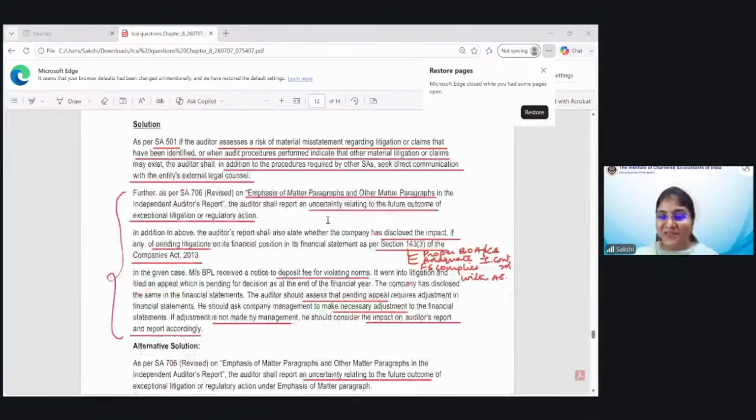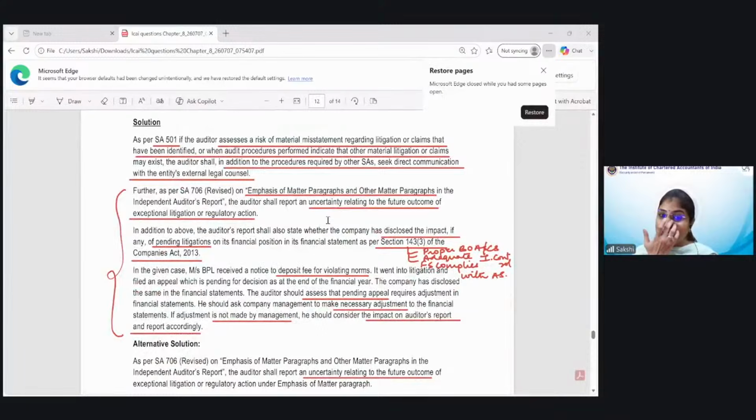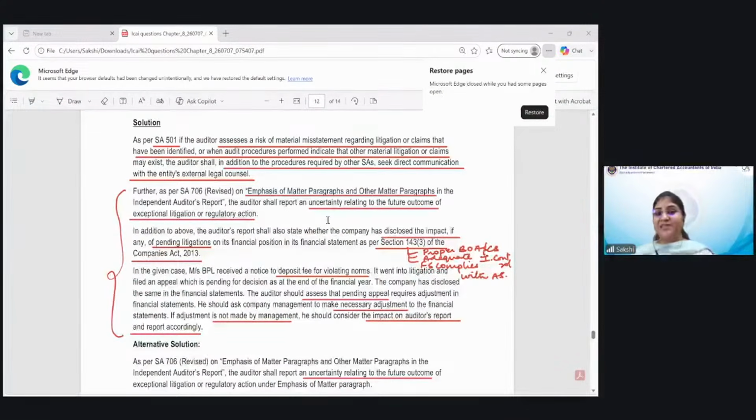As per SA 501, if the auditor assesses a risk of material misstatement regarding litigation or claims that have been identified, or even if audit procedures performed indicate that other material litigation or claims may exist, the auditor shall, in addition to the procedures required by other SAs, seek direct confirmation with the entity's external legal counsel. SA 501 states about that, isn't it?